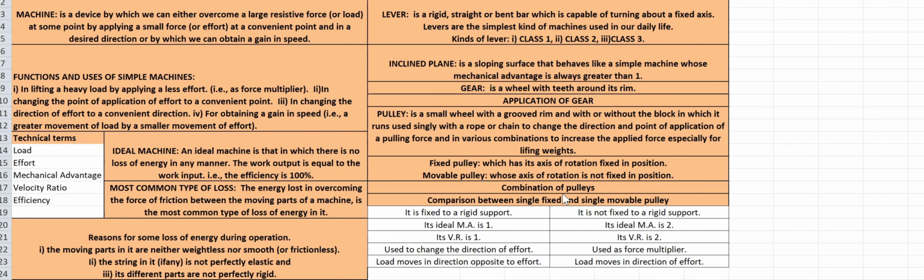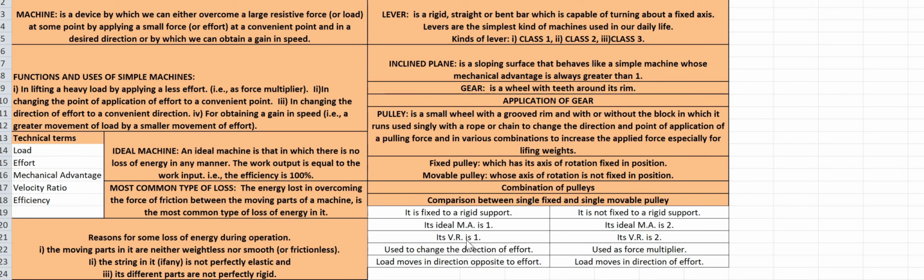Now we have differences between a single fixed pulley and a single movable pulley. In a fixed pulley, it is fixed to a rigid support, whereas a movable pulley is not fixed to a rigid support. The fixed pulley's ideal mechanical advantage is 1. The movable pulley's ideal mechanical advantage is 2.